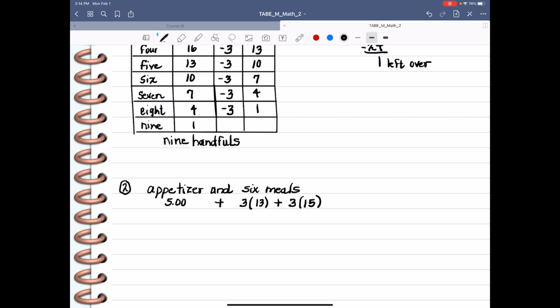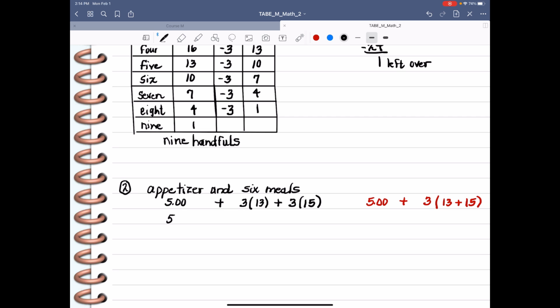Here's another way. Let me change colors. I could say the appetizer plus 3 times, take out that common factor and do 13 plus 15. And I'm actually going to pull this over here because I want to work both of these problems. I want you to see that this is going to work either way.